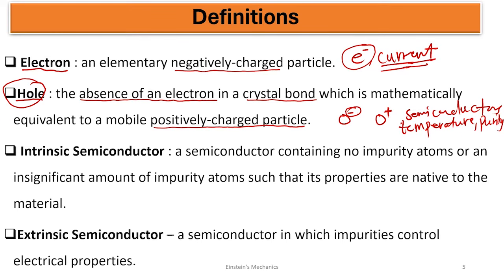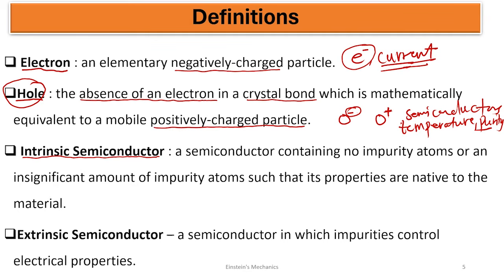So here, the purity is going to differentiate between intrinsic and extrinsic semiconductors. So a semiconductor, we want it to conduct electricity or to be able to have current flow in a certain way that we want. So in that case, we have to introduce some materials into the semiconductor. We will look at all this, how it is done.